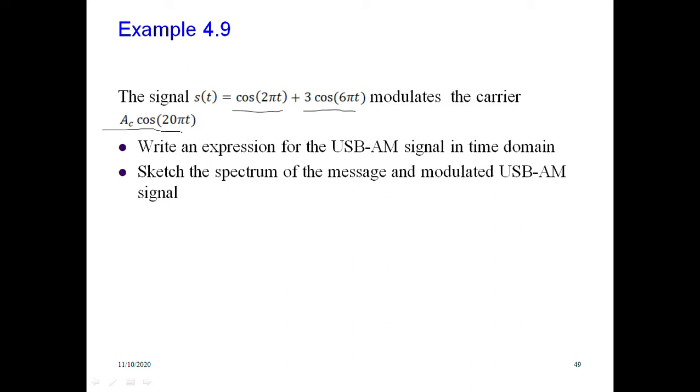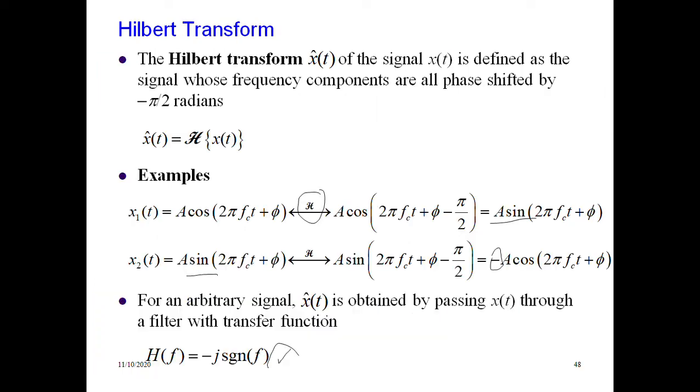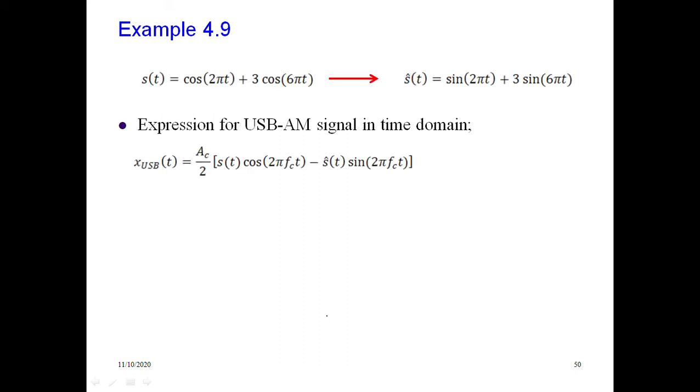Write an expression for the USB. Now we focus on the equation for USB: the signal multiplied by cos minus the Hilbert of the signal multiplied by the Hilbert of the cos.